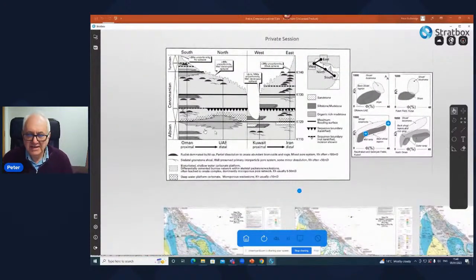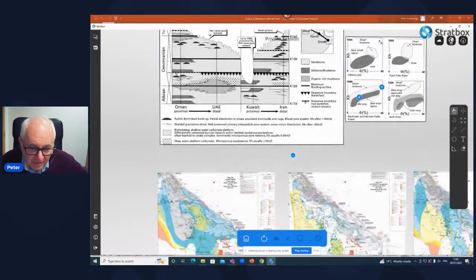So this is a compilation published by Kathy Hollis et al., where she looked at the stratigraphic separation associated with the top Mishrif unconformity, and we can see that it cuts down progressively into the K120 sedimentary sequence. So the amount of stratigraphy missing associated with this unconformity is very variable.